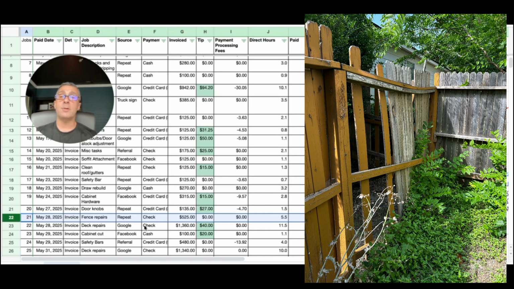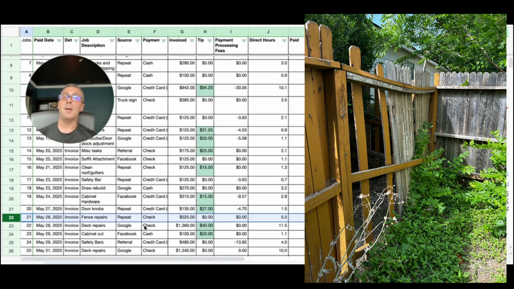I think I originally quoted her $300, I'm just going to pop these things off and go from there. The problem was the fence boards were on her side of the property and all the structure was on the other side. What I should have done is get on my ladder, peek over, and see the structure on the other side, which, long story short, there was no structure on the other side.